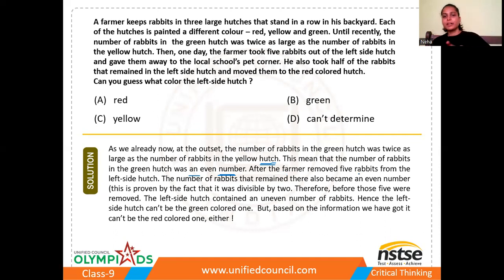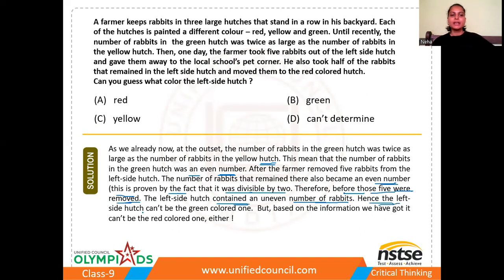After the farmer removed 5 rabbits from the left side hutch, the number of rabbits that remained also became an even number, right? This is proven by the fact that it is divisible by 2. Therefore, before those 5 were removed, the left side hutch contained an odd number of rabbits. Clear?